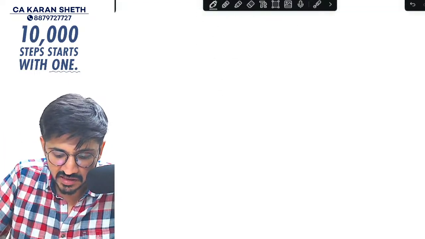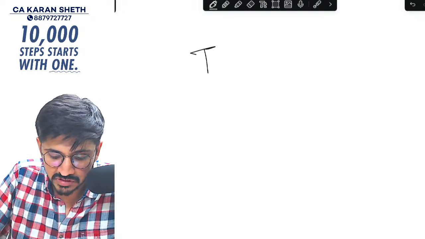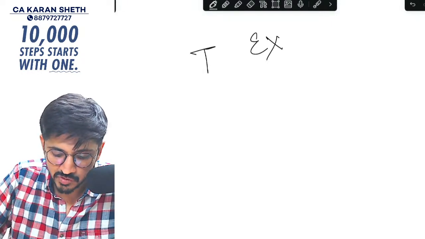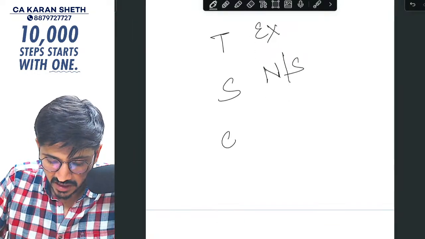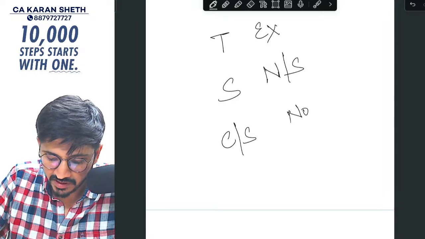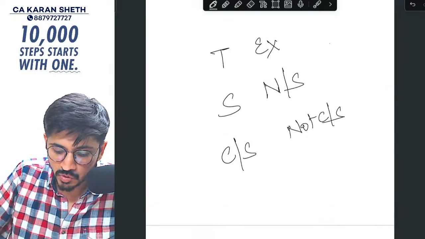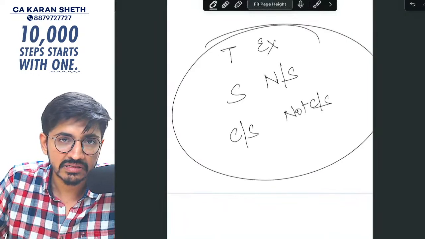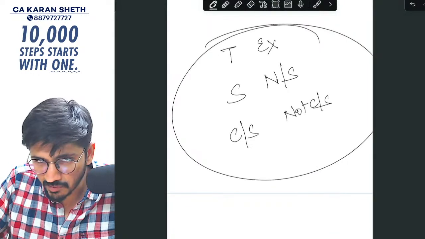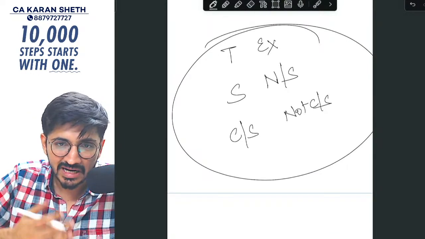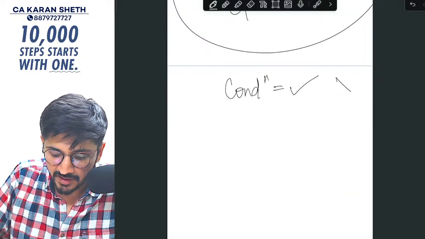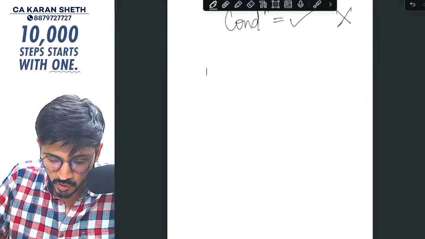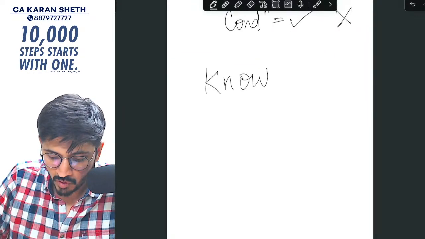If you have taken a certain position, whether a service or goods is taxable, or it is exempt, or it is a supply, or it is not a supply, or it is covered under compo scheme, or it is not covered under compo scheme, you know that there is some logic behind this. You know there are certain conditions that a transaction either satisfies or does not satisfy. If you know it, because on that basis only you know the answer, correct?